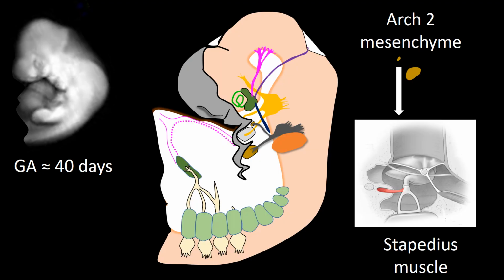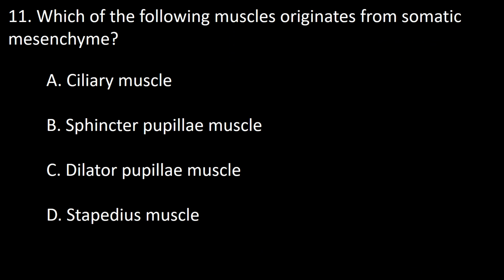The stapedius muscle, I hope you recognize this frame from earlier on during this talk, originates from the second branchial arch mesenchyma. So the answer to this question is A. Thank you very much for your attention.